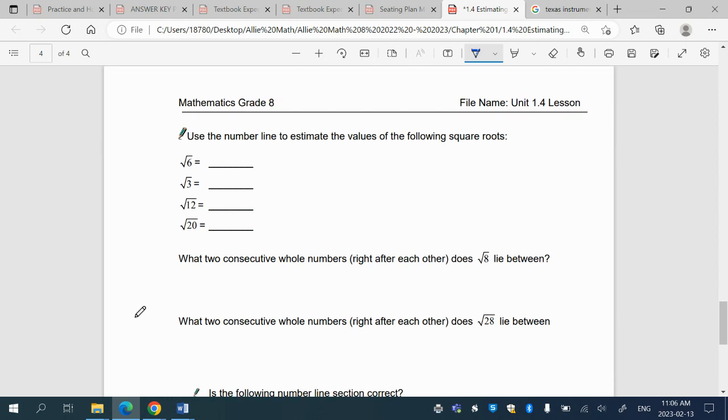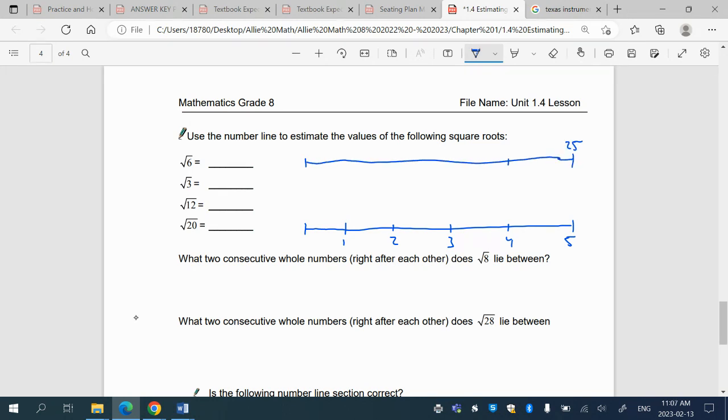Use the number line to estimate the values of the following square roots. So let's make our number line: 1, 2, 3, 4, 5, and let's make a corresponding perfect square line. So that would be 25, 16, 9, 4, and 1. So 6 is going to be between 4 and 9.